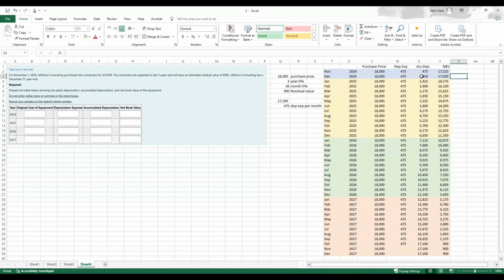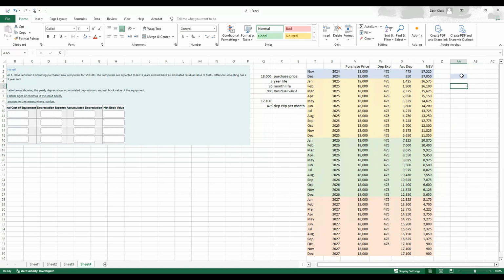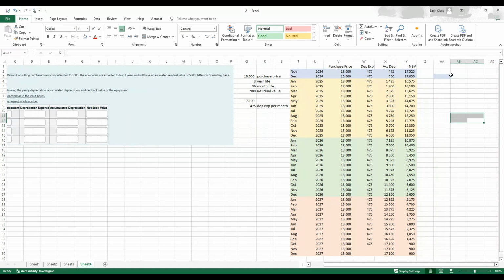So we can just do that off to the side for annual totals. So if we want to know by year, I'm just going to put it over here. At the end of that year, we will have just 2 months recorded in 2024. Down here, I'll color that in.